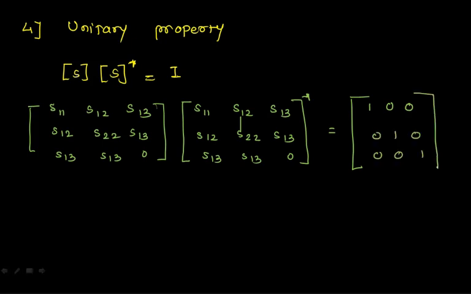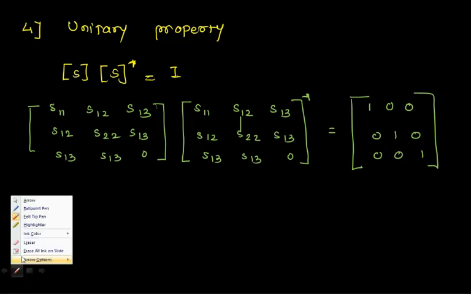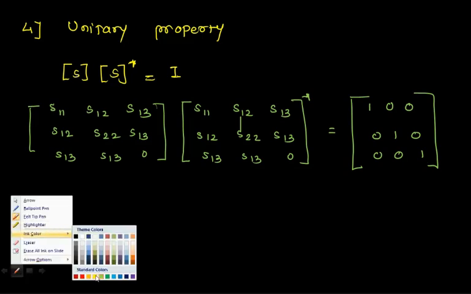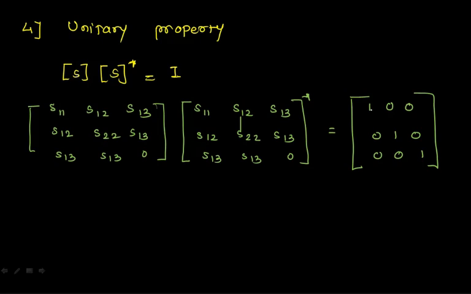Now I have got something. Now I can calculate all these things. So to have a 1 here, I can say R1 C1. R1 C1 gives me the value of 1.